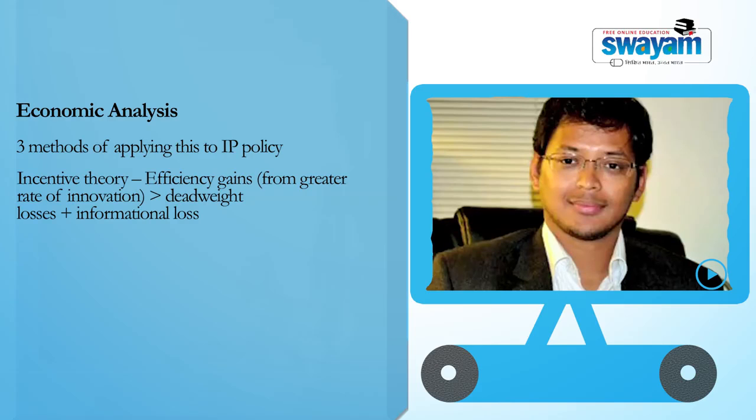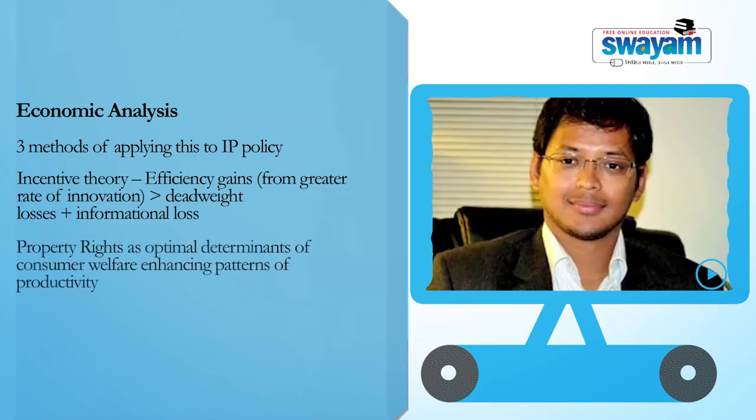That is, the incentive theory looks at a cost-benefit approach, saying that efficiency gains from a greater rate of innovation have to be more than the efficiency losses which are caused by preventing free access to such innovations.